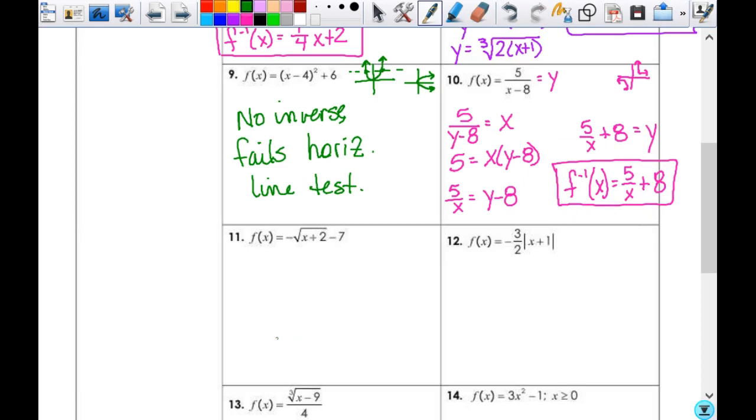Yeah, I actually do. Because I had some domain restrictions originally, right? So up here, this is just my parent function. If I was to actually graph this, what does this 8 do? This 8 right here. We would move to the right 8, yes? And so since I would move to the right 8, I'm just going to kind of sketch it out so that you get the idea of what I'm trying to say here.